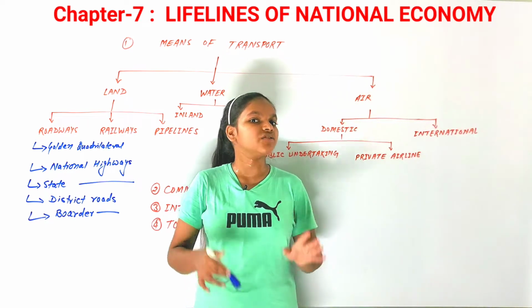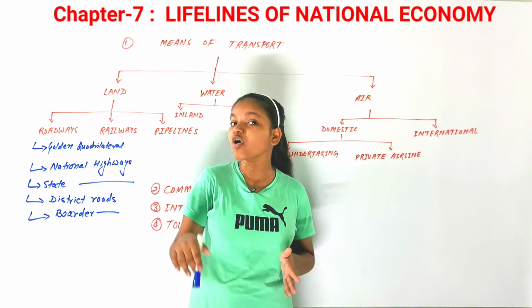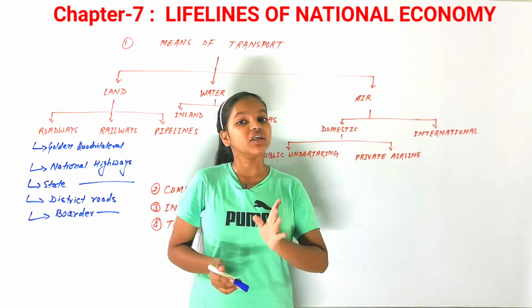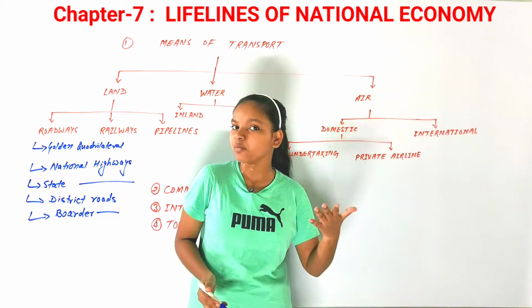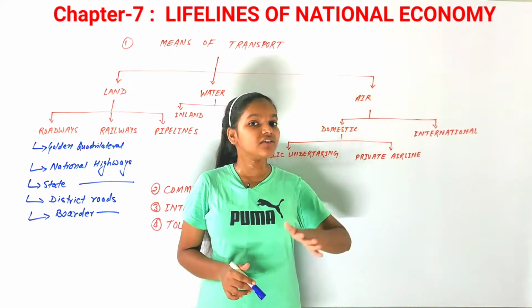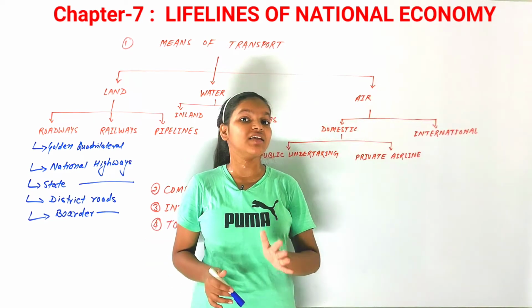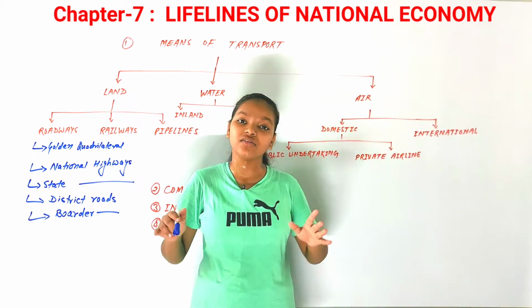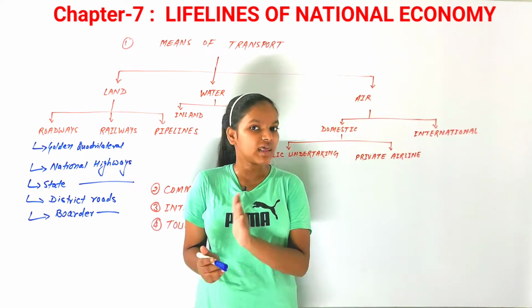Now, you know that today the world has been converted into a large village due to efficient means of communication. Communication also plays a very important role for the pace of development. Today India is linked to the rest of the world despite its vast size, plurality in linguistic matters and diversity, due to efficient means of communication.